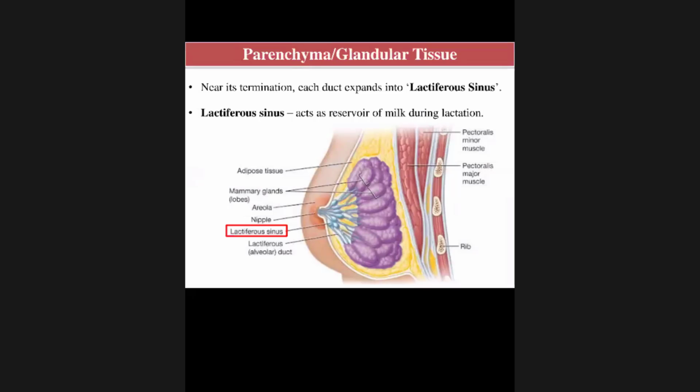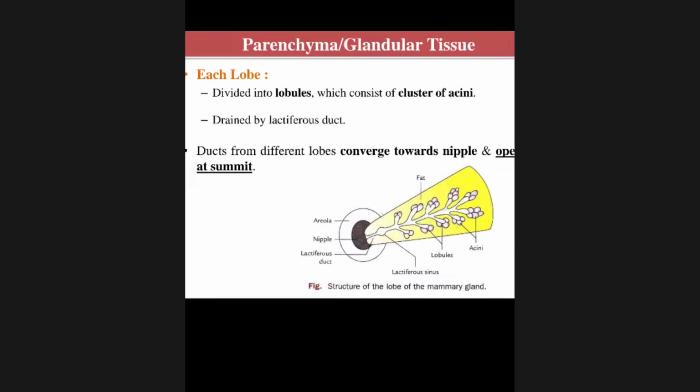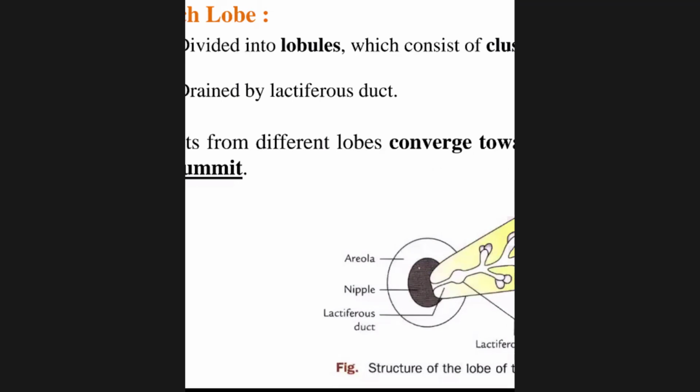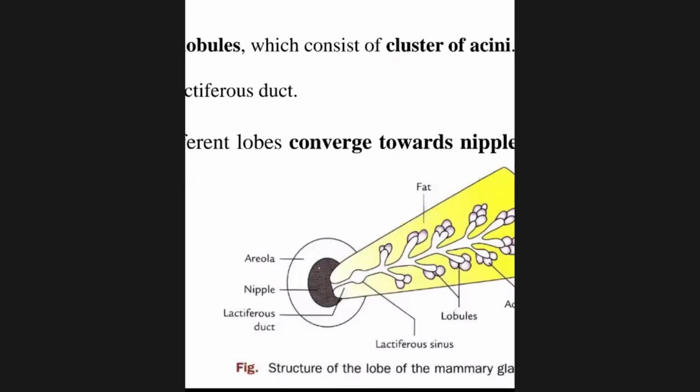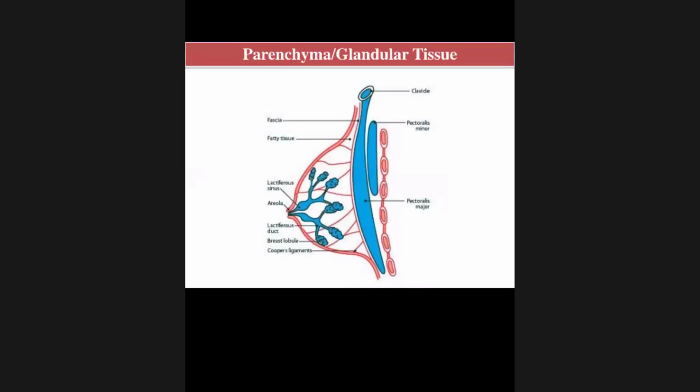So this lactiferous duct, before termination, expands, and that expansion is called the lactiferous sinus. In the previous slide also we can see the lactiferous sinus. Each lobe has a lactiferous sinus, and that duct opens into the nipple.